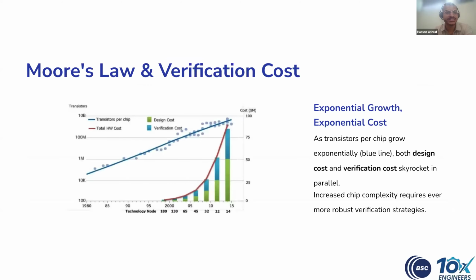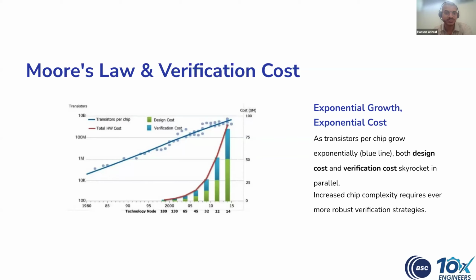In this slide, we can see the delta in the verification effort and the verification cost. You can see in the initial stages in the 1900s, when there were relatively less complex designs in the market, no verification team was required for some of the projects.